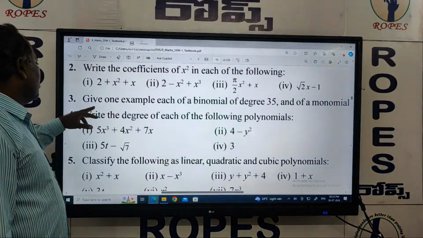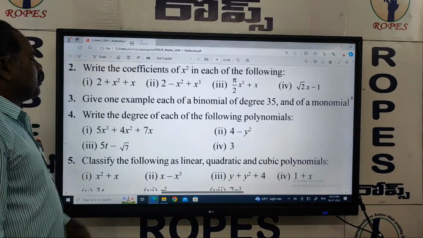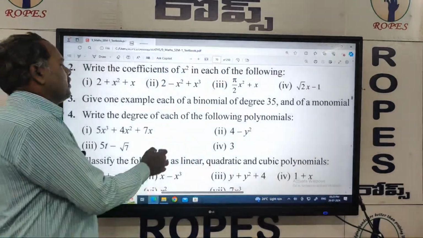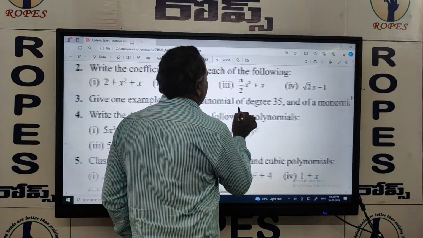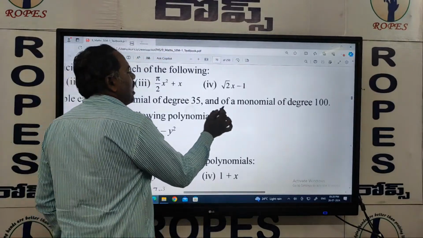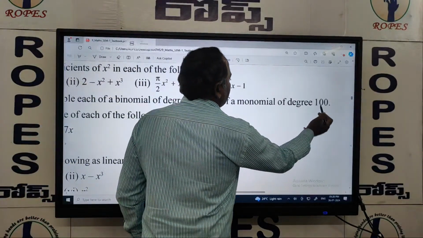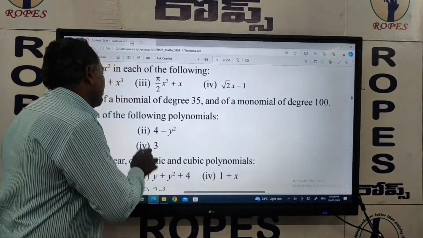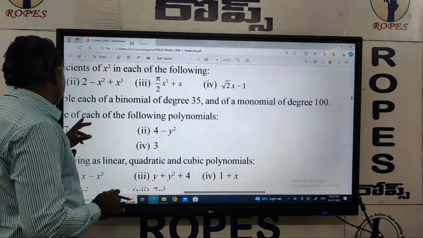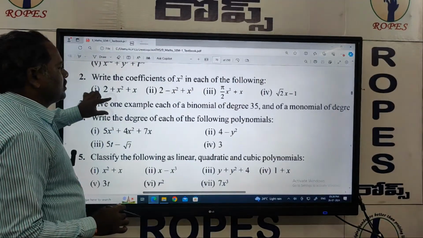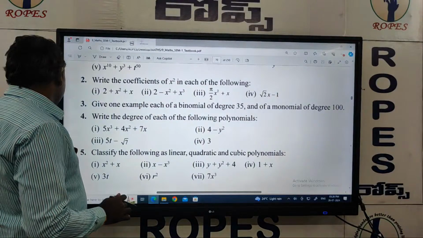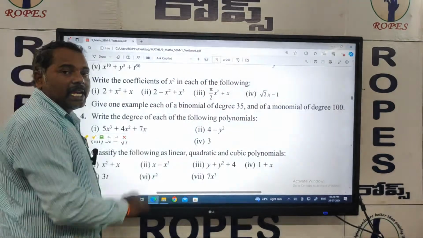In the third question, give one example each of a binomial of degree 35 and a monomial of degree 100. We should write a binomial with degree 35.